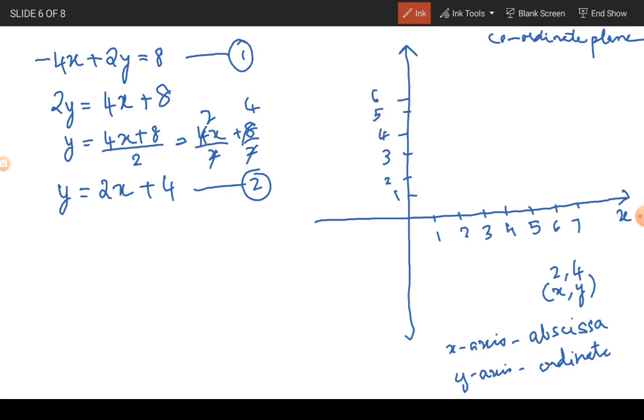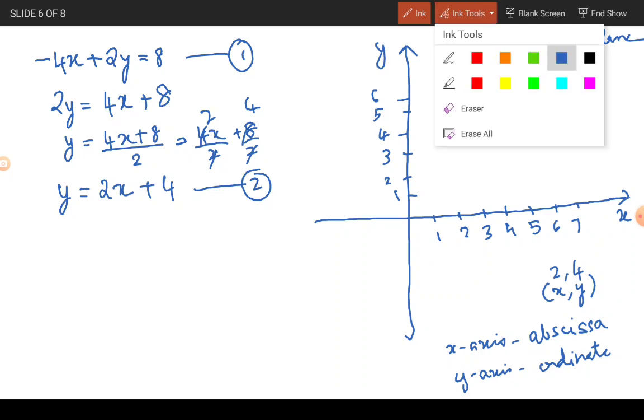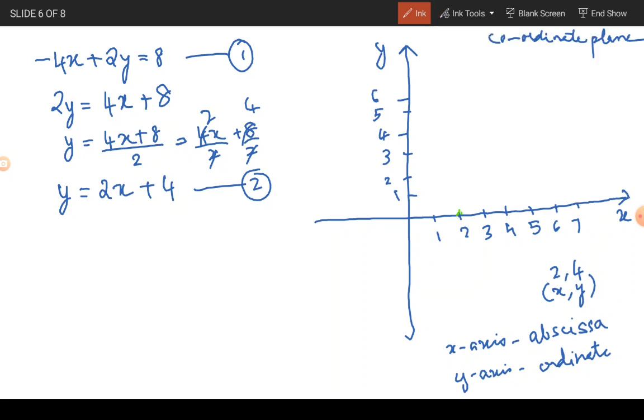Okay, so once your axes are labeled and the scale is measured out, the location of point 2, 4 will be 2 against the x-axis and 4 against the y-axis. So your point is located here, 2, 4.